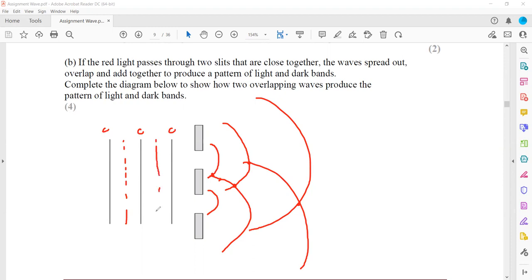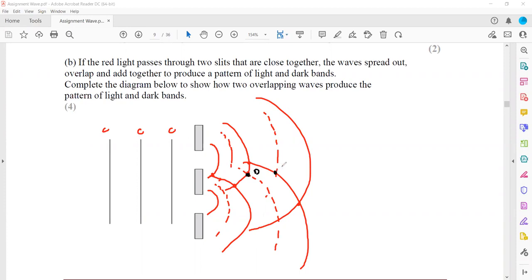We don't have to draw this dotted line here, but after that we can draw it for the trough. As a result, because crest joined with a trough, we will observe destructive interference.